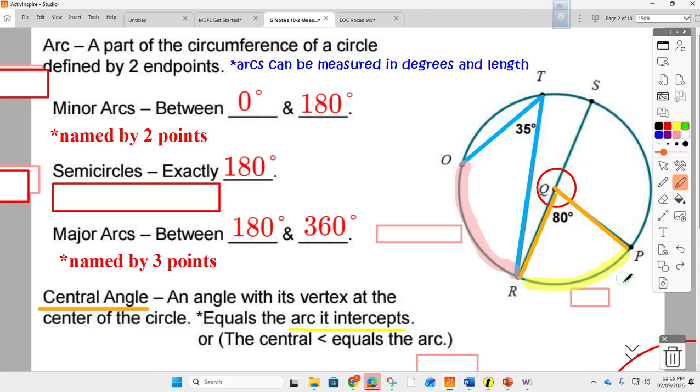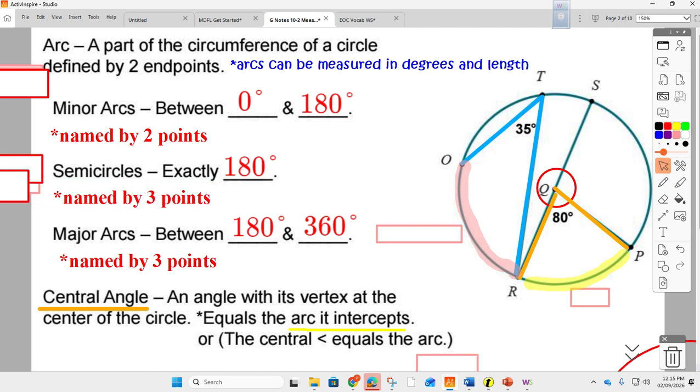Does that make sense? Okay, and then a semicircle has to have exactly 180 degrees, and it's named by 3 points. Everybody wants to name the semicircle with the center point, but you can't do that. We name all of our arcs only by points that are on the circle.